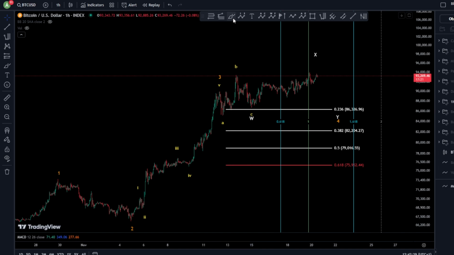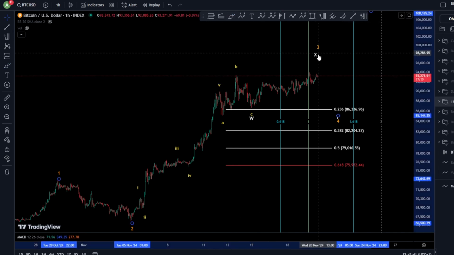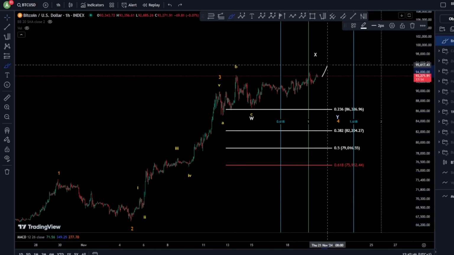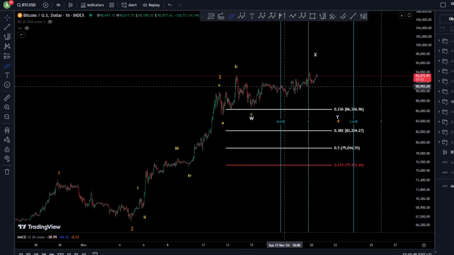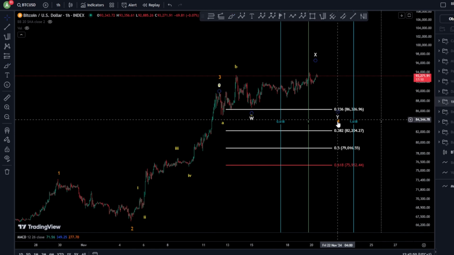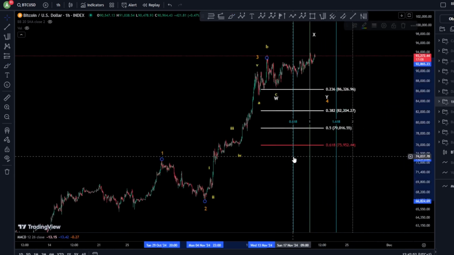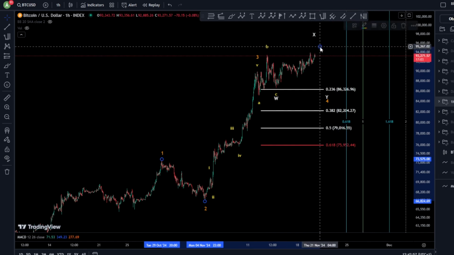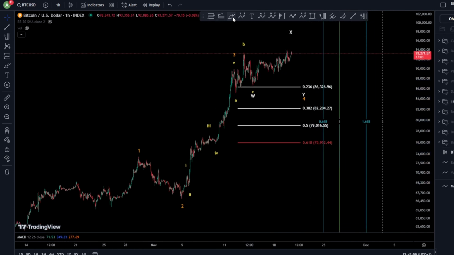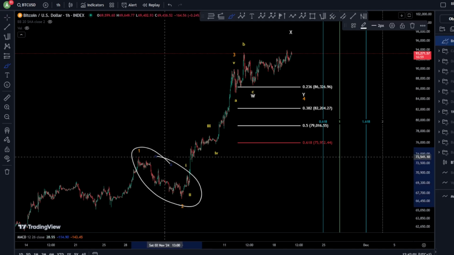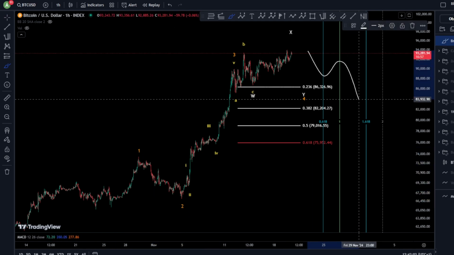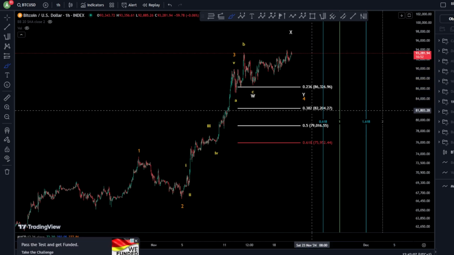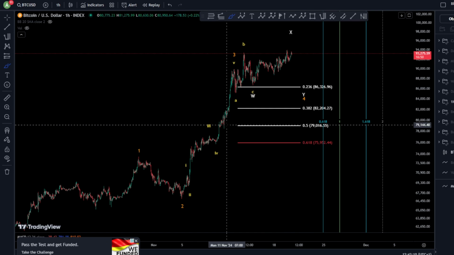Now in case that we have topped the wave 3 here, as I explained in the bullish scenario where we still get one more high, that means your wave 4 in orange scenario might start again from here. If we topped, for example, here for the wave 3, your big correction might start again for the wave 2 here as a corrective wave for the wave 4, and of course starting over again and again as a correction.